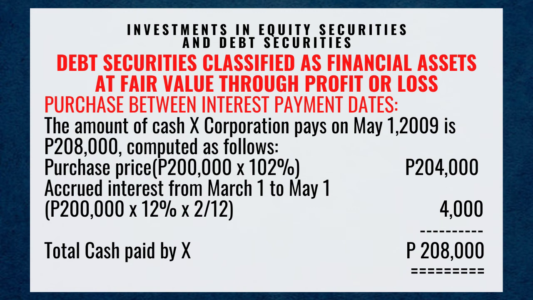Purchase price, 204,000 pesos, computed as 200,000 pesos times 102%. Accrued interest from March 1st to May 1st, 200,000 pesos times 12% times 2 divided by 12 is 4,000 pesos. Total cash paid by X is 208,000 pesos.